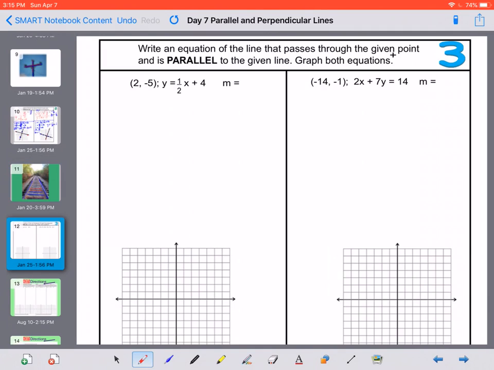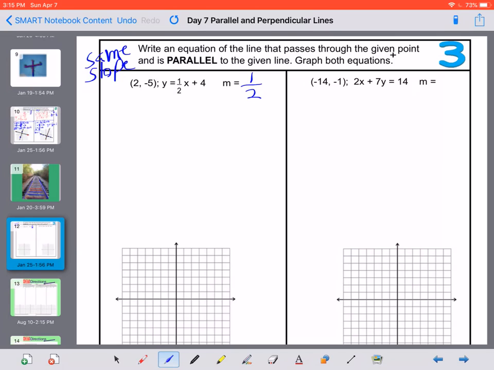First one, write an equation of a line that passes through the given point that's parallel. So this one, it's already in slope-intercept form, and our slope is 1/2. Now parallel lines have the same slope. So we know that our slope is going to be 1/2. So now I'm going to put that into our equation to find b.